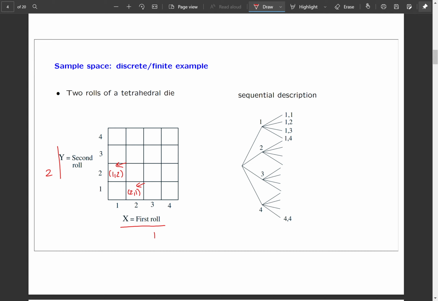So this is a tree which you can see on the screen. What you see on the left-hand side of the tree is the root of the tree. And on the right-hand side, there are 16 ends of the tree. These are called leaves of the tree.